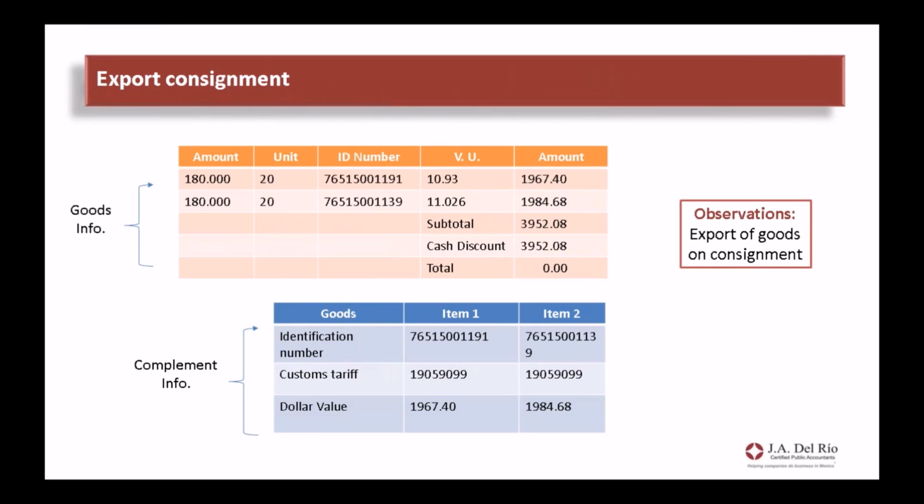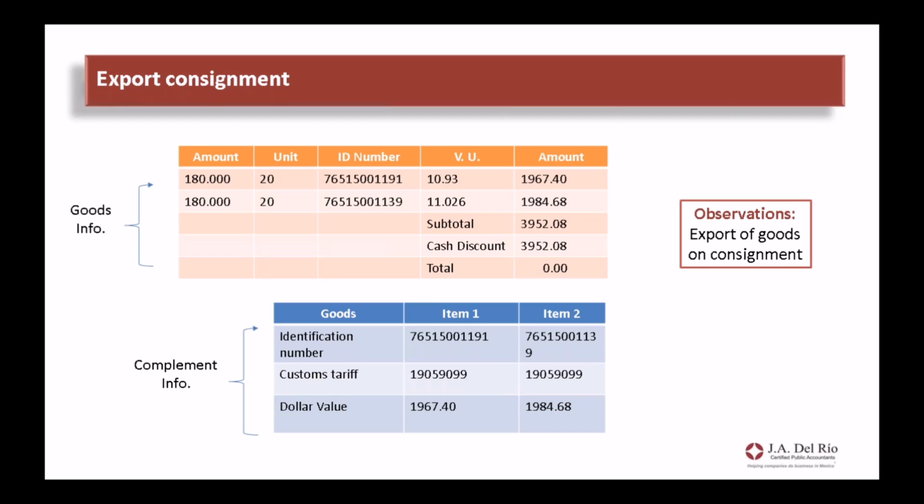to support the exportation. When it refers to the CFDI information about the commercial information, you can see there is a cash discount, which is for the same amount as the subtotal. At the end, the total of the merchandise that you are exporting for purposes of this new electronic invoice is zero, because at the end of the day, it is not a sale.